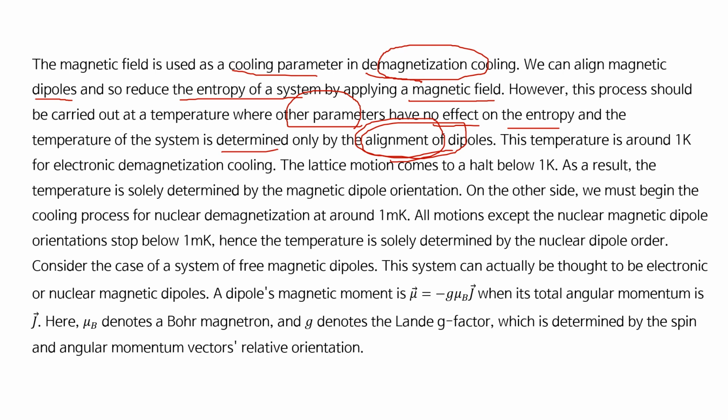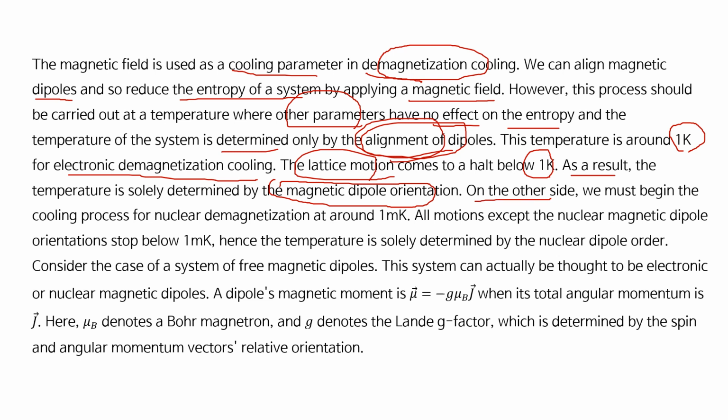This temperature is around 1 Kelvin for electronic demagnetization cooling. The lattice motion comes to a halt below 1 Kelvin. As a result, the temperature is solely determined by the magnetic dipole orientation.